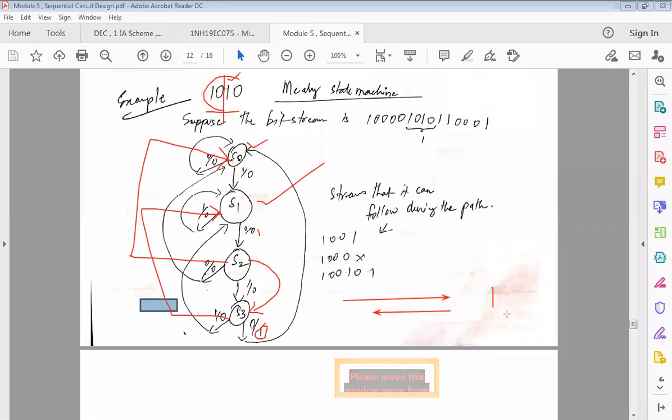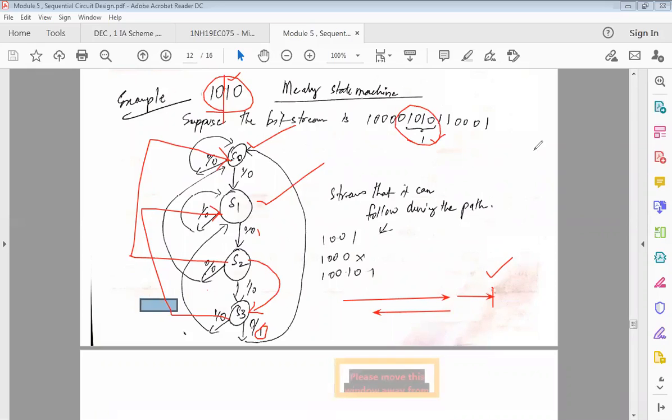So instead of moving in this direction, you should complete your race and move in the forward direction. This is what is happening here. Instead of looking back at the pattern, I am in state S1 now, so I should be completing state S2 and state S3. Then only I can say that I have finished my race, I have detected my sequence, I have got my output as 1. Understood?